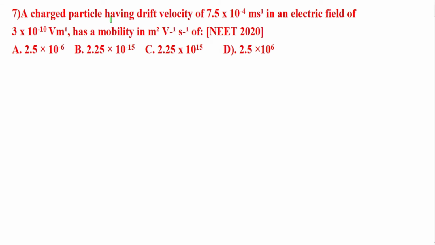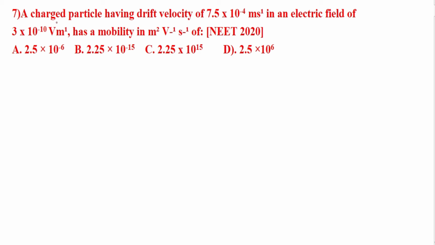Our next question is, a charged particle having drift velocity of 7.5 into 10 power minus 4 meter per second in an electric field of 3 into 10 power minus 10 volt per meter has mobility in meter square volt inverse second inverse of. So what did he give?